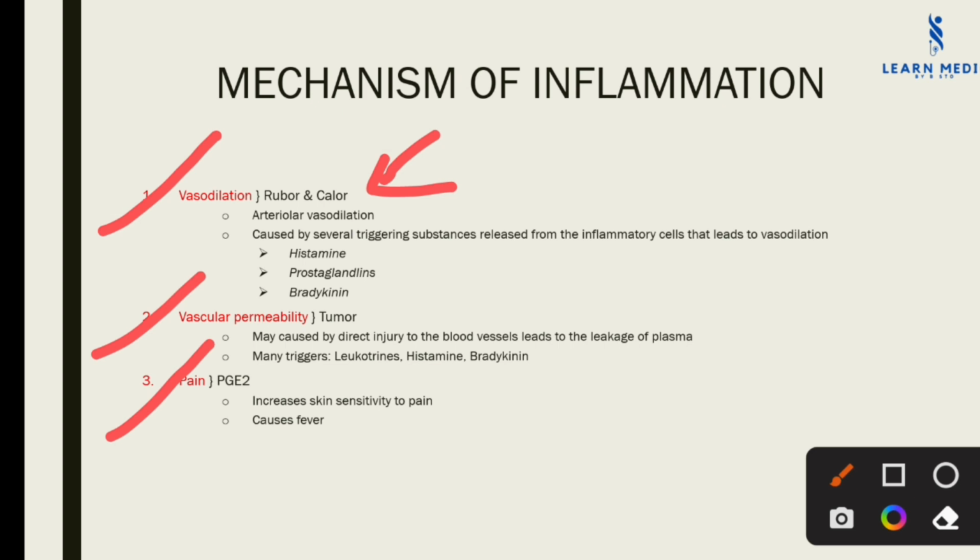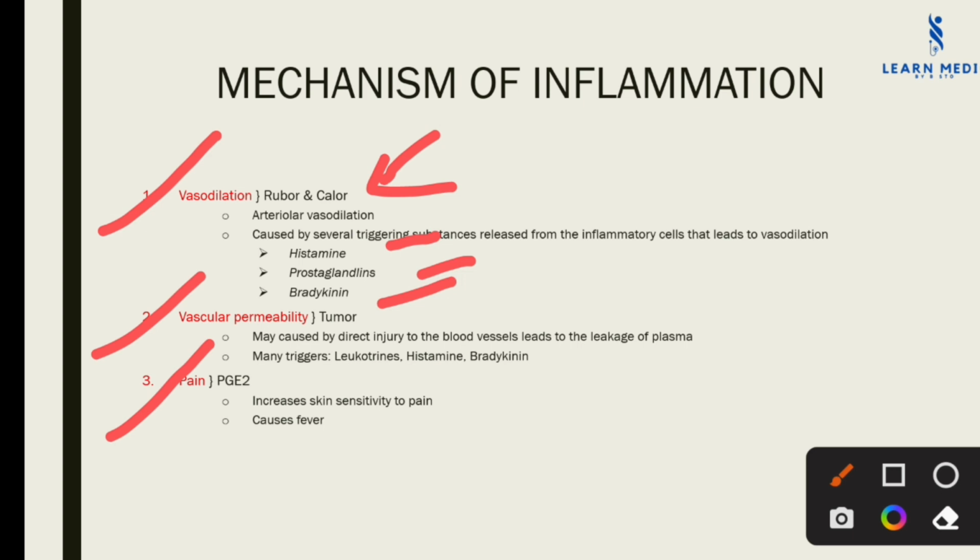It is due to the arterial vasodilation caused by several triggering substances released from the inflammatory cells. The triggering substances that lead to the vasodilation are histamine, prostaglandins, and bradykinin, which we are going to discuss in detail in this module.